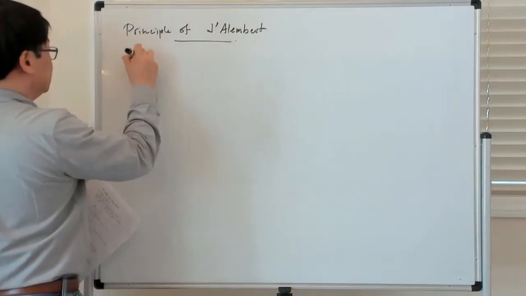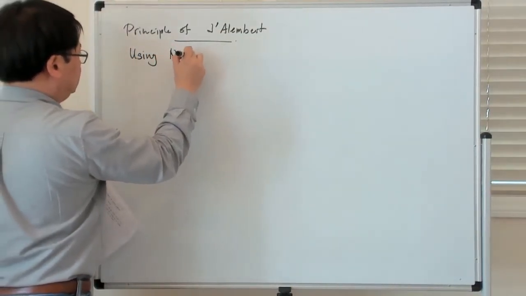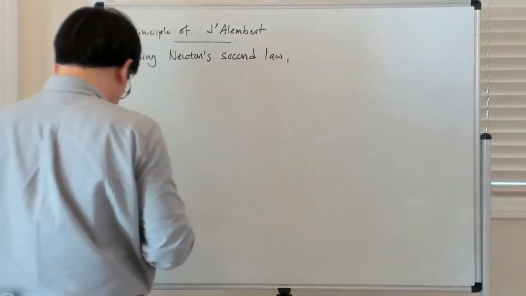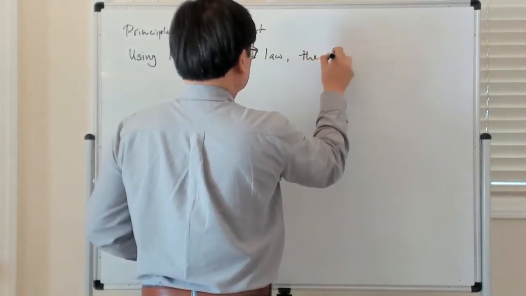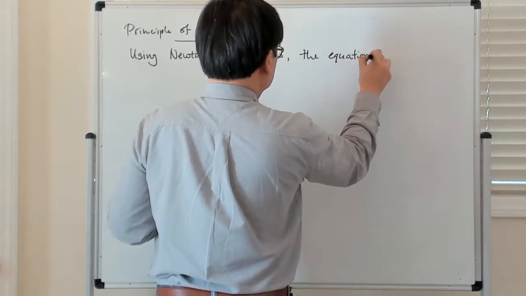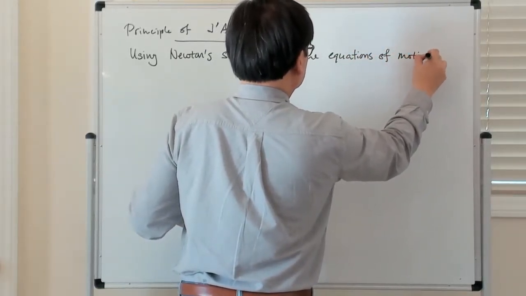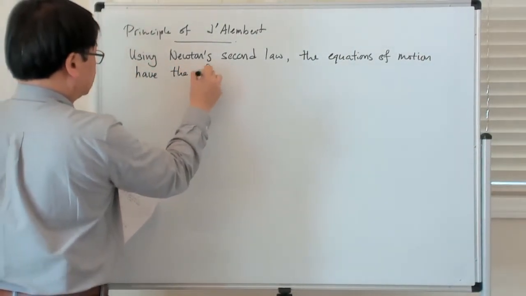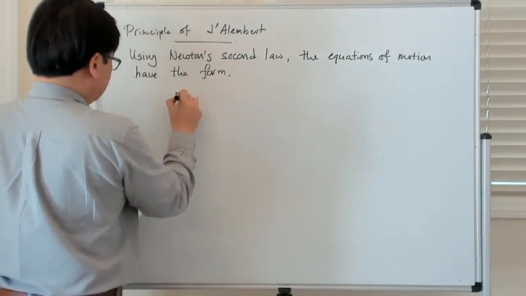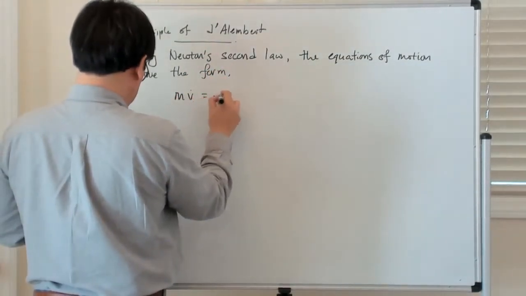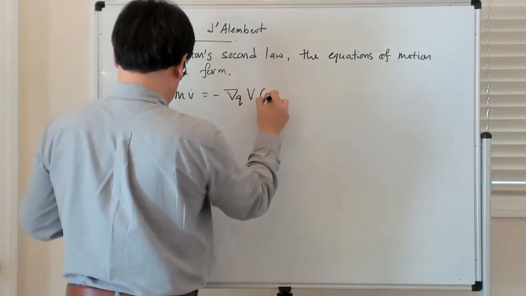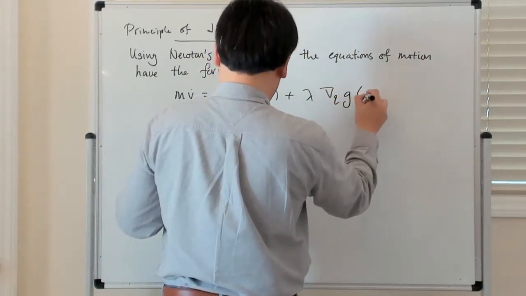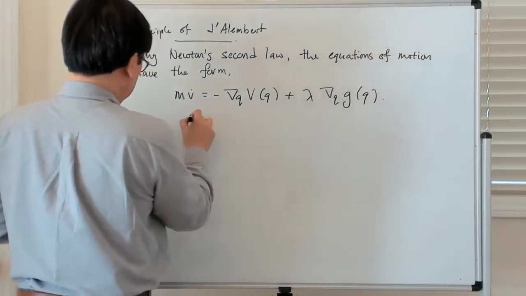Using Newton's second law, the equations of motion have the form m v dot is equal to negative the gradient of the potential plus lambda the gradient of the constraint. And then q dot is equal to v.